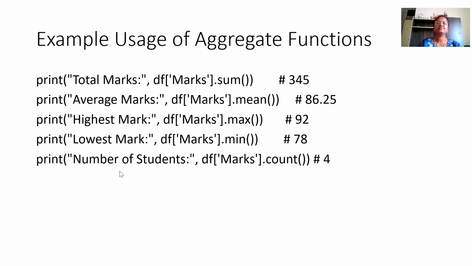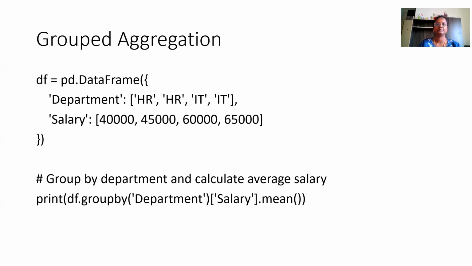And if you want to find out the total number of students, apply the count function on the marks. So these are the use cases. If you want to find the total mark, average, highest, lowest, and number of students, we can use the aggregate functions and get the results like this for the given input data.